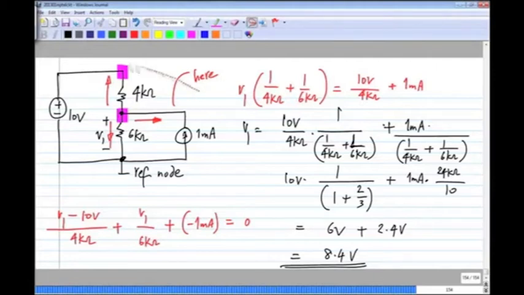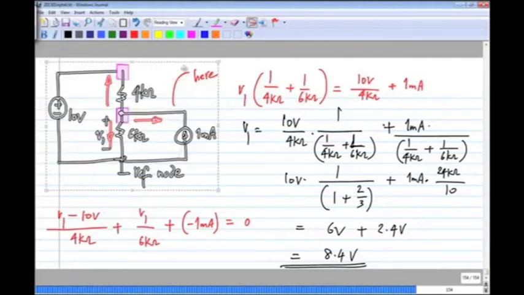Now let me also do it by superposition just to demonstrate it to you.